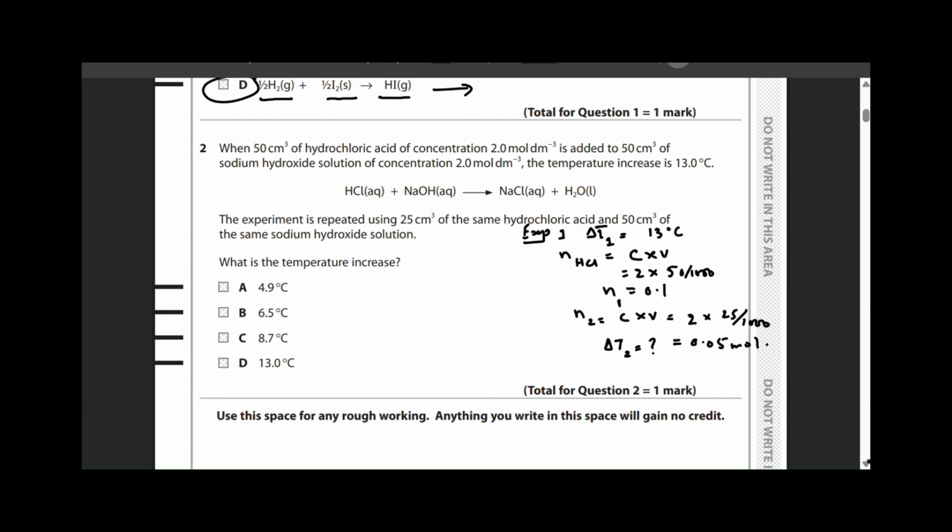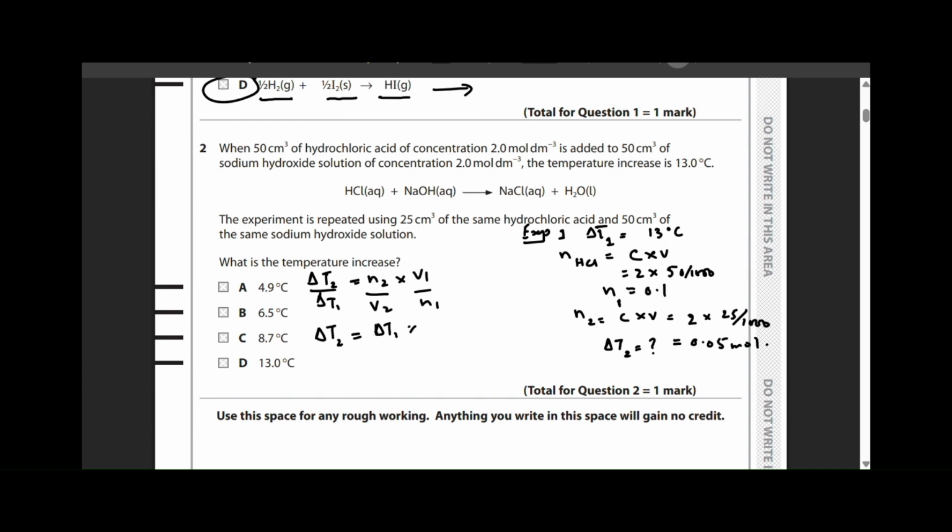Now you will use the formula here, delta T2 divided by delta T1 is equal to N2 into V1 over V2 over N1. And here you need to calculate the change in temperature in the second experiment.